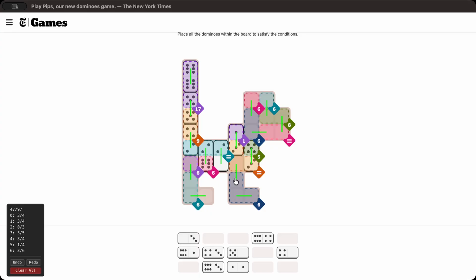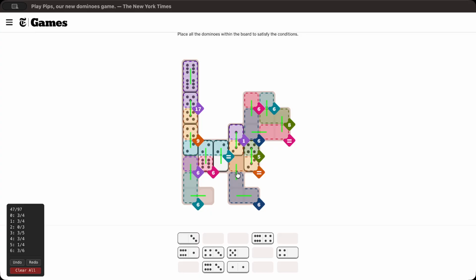Let's see. We have 3 zeros, 3 1s, and 3 3s, and 3 4s remaining. We got a lot remaining. What can this tile be? I think it could be a lot still, but we know this is a 3. So this is a 3 blank, a 3 4, and it can't be a 3 6.